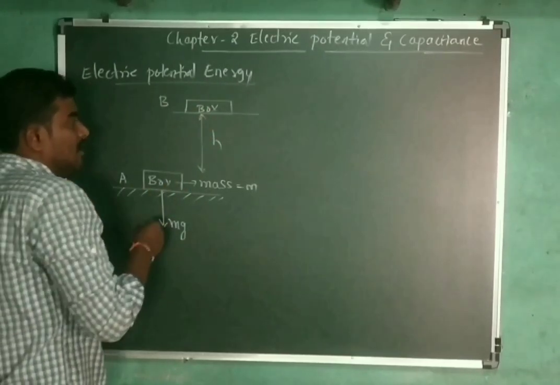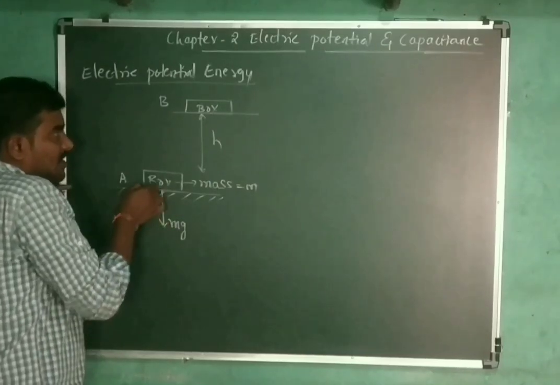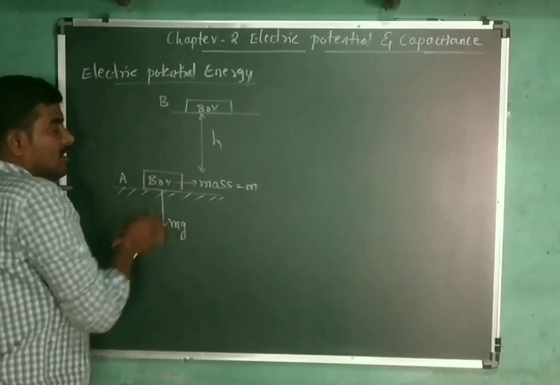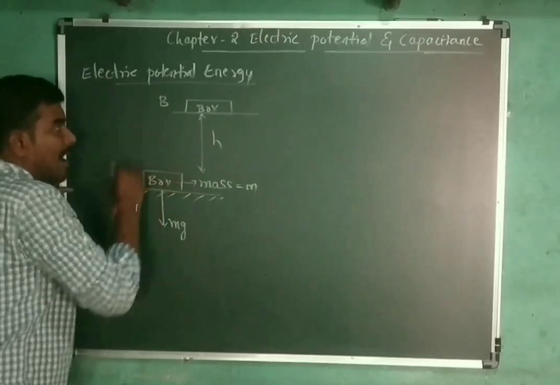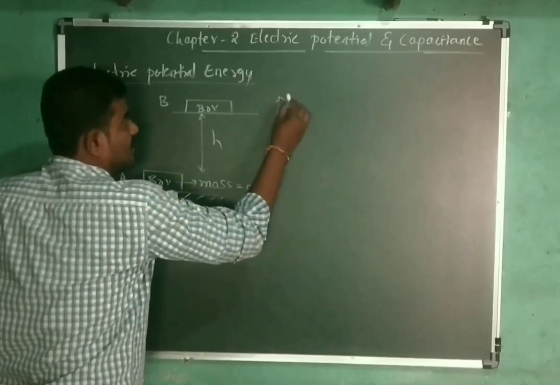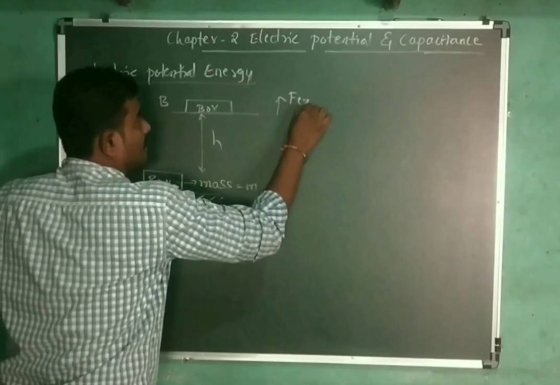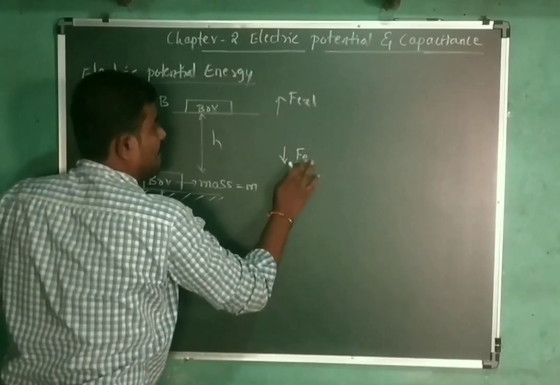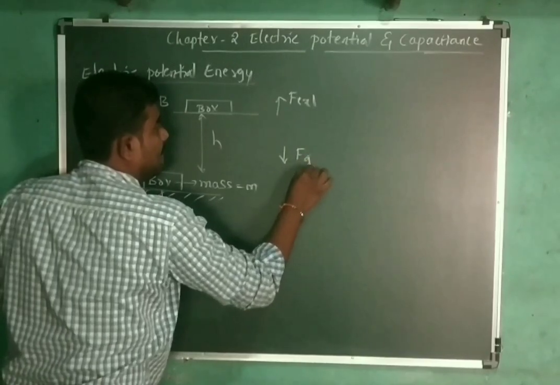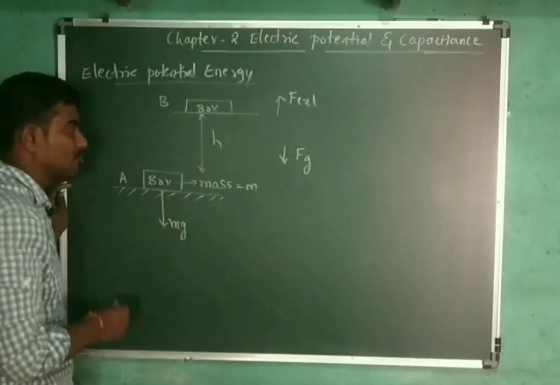Since the box is displaced, and I have applied force on the box, my force, that is F external, and the gravitational force, that is F gravity, both are equal and opposite.